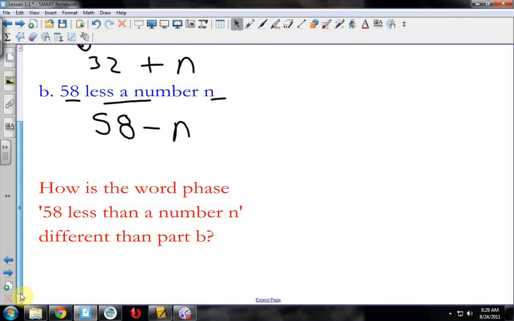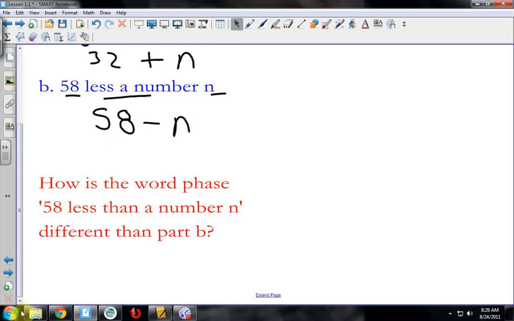Here I have 58 less than a number n, right? All I added was one word. Yeah, than. That word right there actually changes the algebraic expression from 58 minus n to n minus 58.